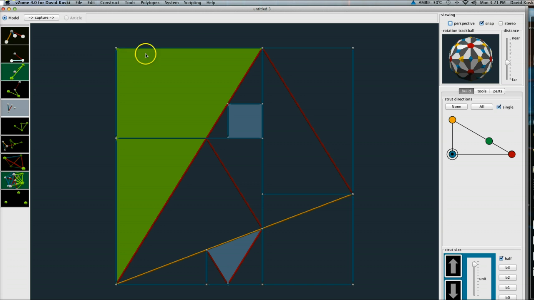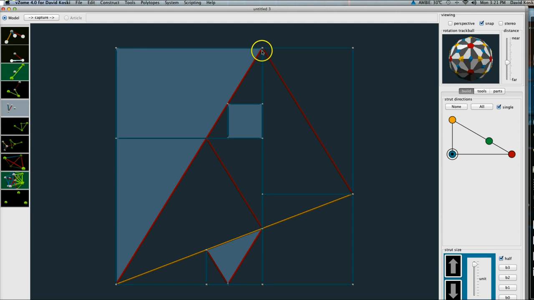We can say that edge on top here is 1, and this overall length here is 1.618. So we go 1 times 1.618, and we divide it by 2 because that's the area for a triangle, and we get 0.809. Let's just round it off there.